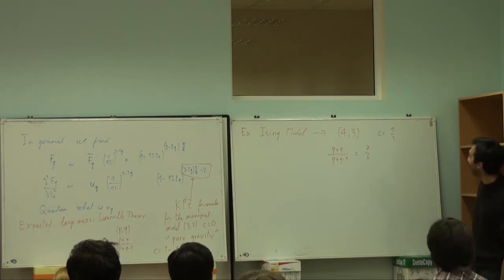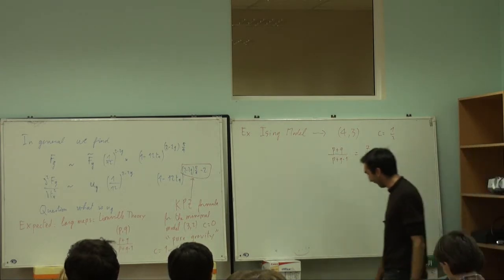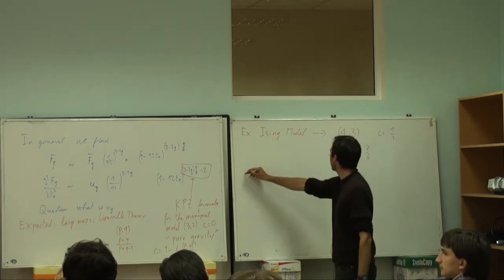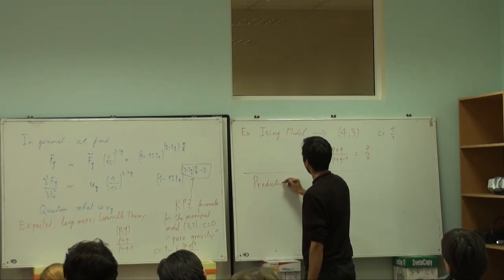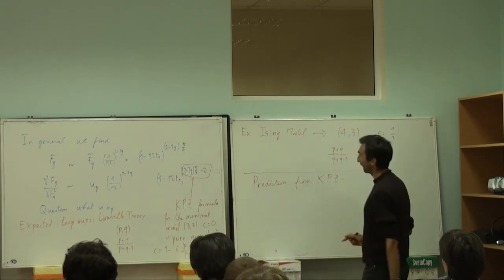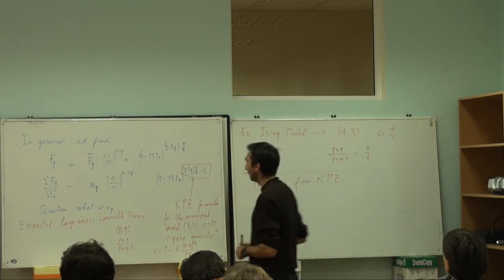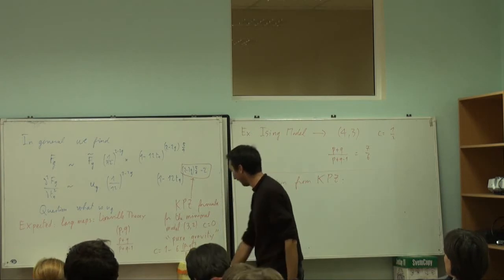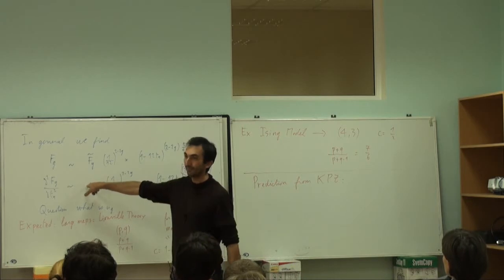Well, okay, so this is what you expect. And one thing is that Liouville conformal field theory, so the prediction from KPZ, predicts this exponent. The KPZ formula predicts the exponent and also predicts the prefactor.